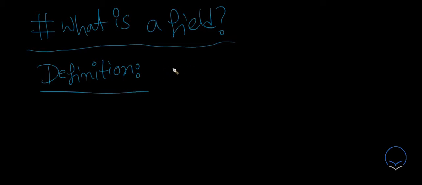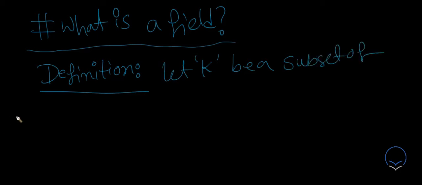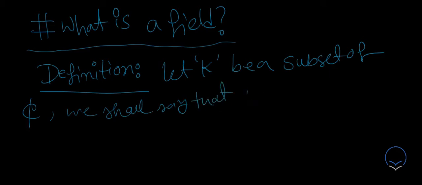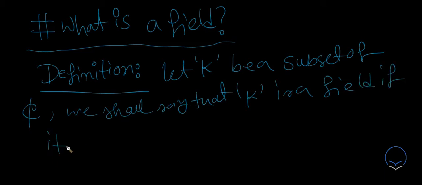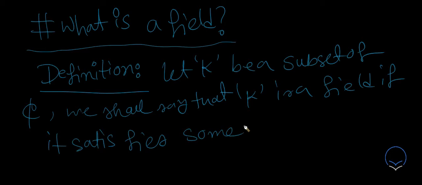And we write the definition as follows. Let K be a subset of complex numbers, that is C, and we shall say that K is a field if it satisfies some properties.